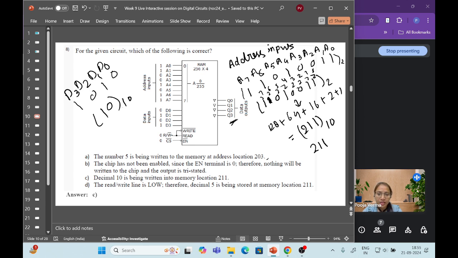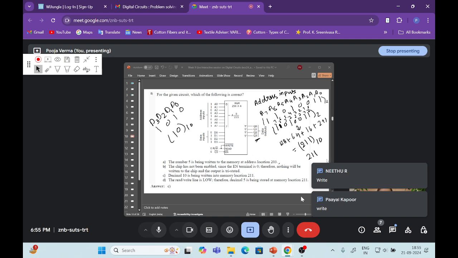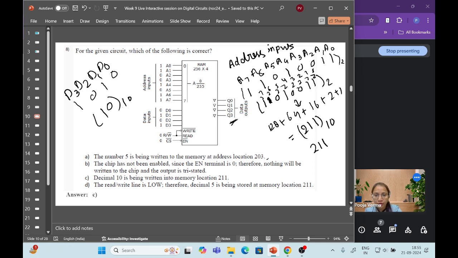If it were 1, that would mean read, but here it is given as 0, and since there is a dash on it, that means write will be 1. So a write operation will be performed.